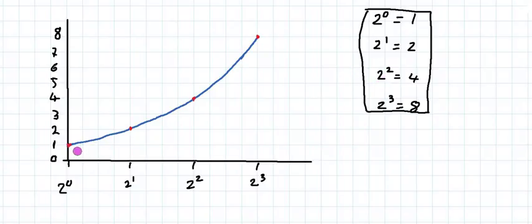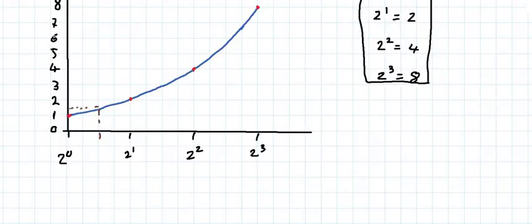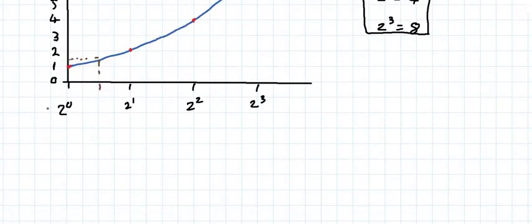Now that we've joined the numbers together, I can legitimately ask a question such as, what's 2 to the power of a half? And we can get an answer that it's a number somewhere between 1 and 2. It's about 1.4 to 1.5-ish. And in terms of our original definition, this is now getting very strange indeed. What on earth do we mean by a fractional power?